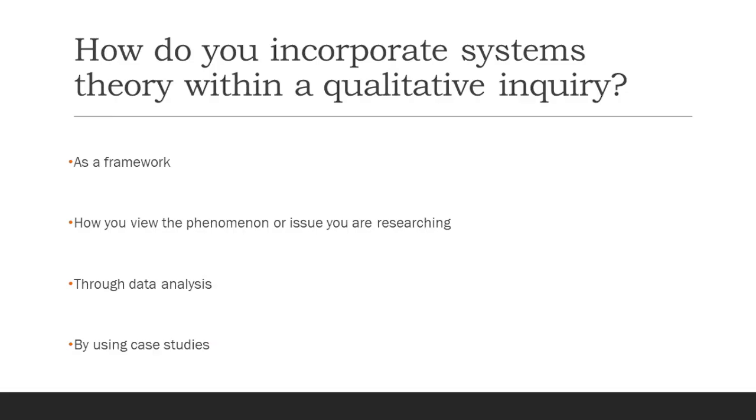You can incorporate systems understanding in data analysis, and you can also use case studies to show features or behaviors of a specific system you are researching. But always remember, a systems perspective is called for when the focus of your research inquiry is a system. This is something to keep in mind.